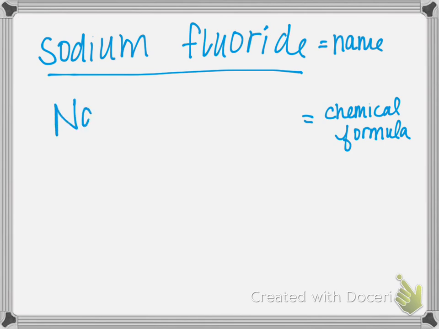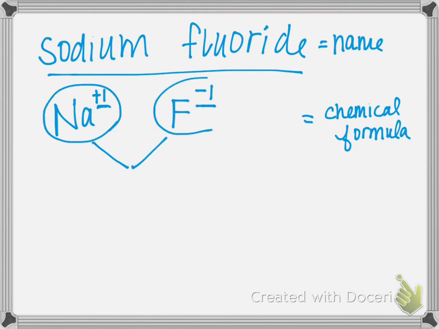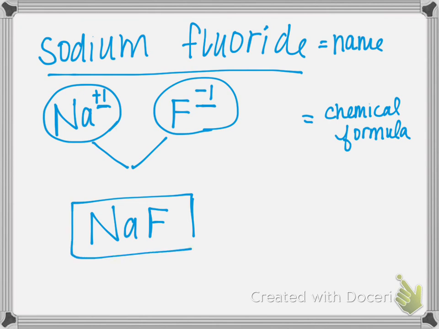So sodium is Na, and its charge is +1. Fluoride is just F, and look at your periodic table of ions. It has a charge of -1. So these two will go together perfectly, right? +1 balances perfectly with -1. And so now when they come together, we've got the cation coming first, then the anion coming second, which means it would look like this, NaF. That would be my chemical formula.